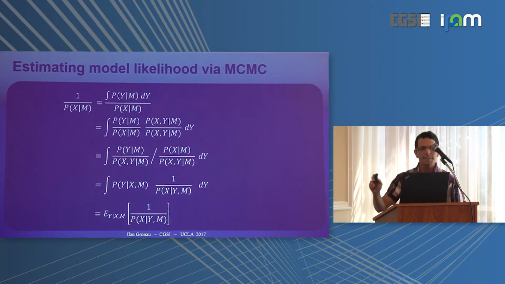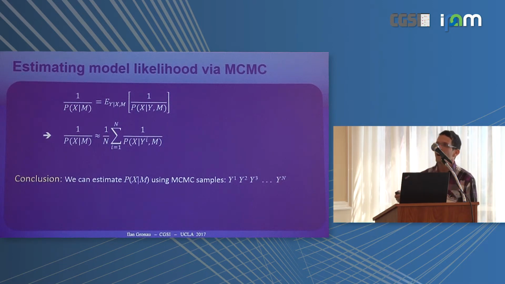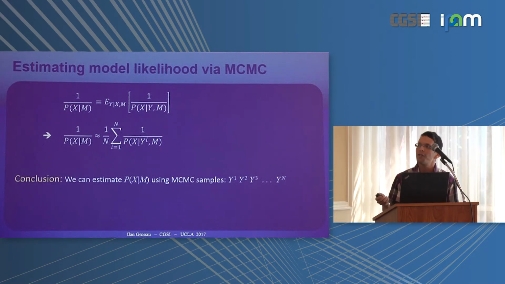So this is not a new idea. It's often called the harmonic mean estimator, because again it looks like a harmonic mean: the inverse of your value is the average of inverses of relevant values of interest.